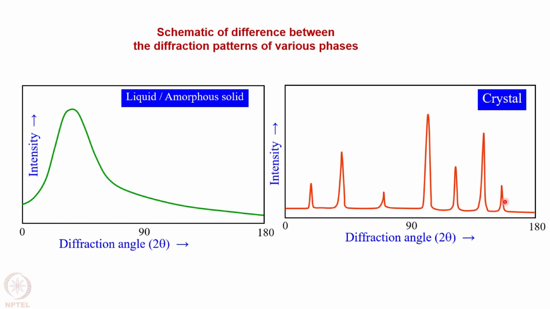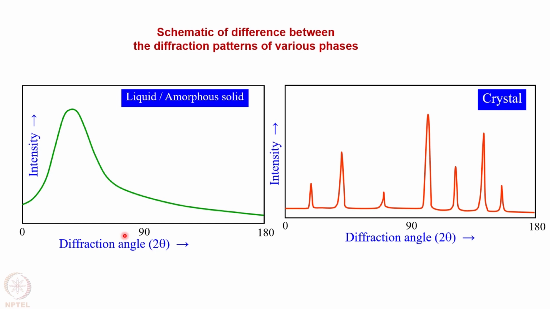So that indicates that a material will be crystalline if it gives you a set of peaks following Bragg's law, and if it simply gives a hump, one or multiple humps, it means that it is a liquid or an amorphous sample.